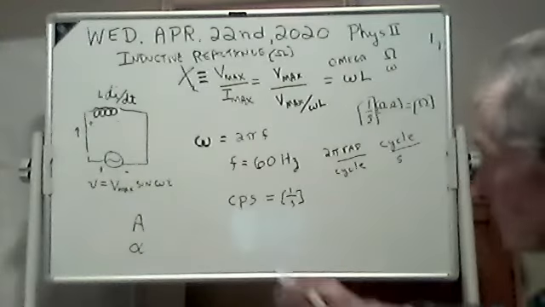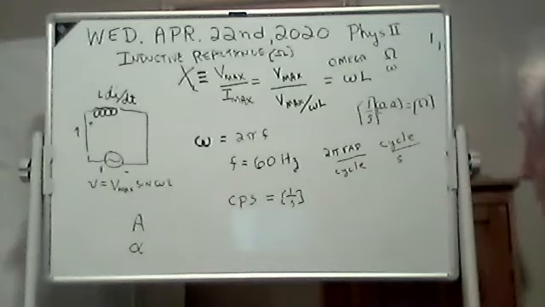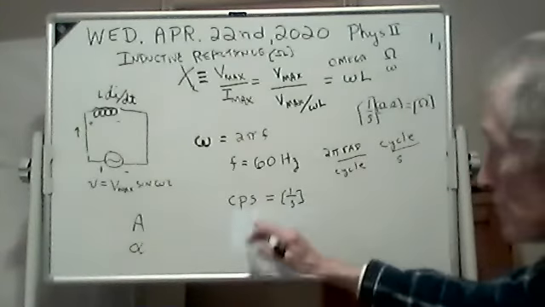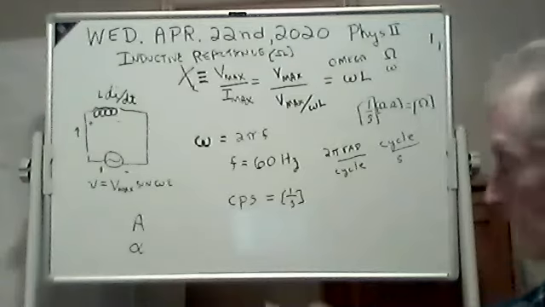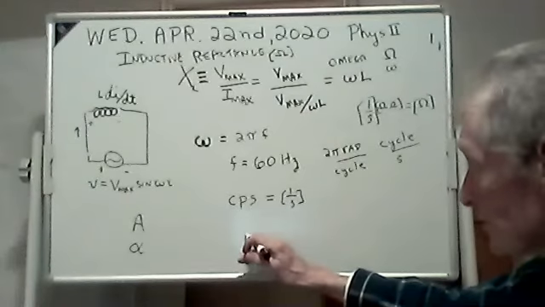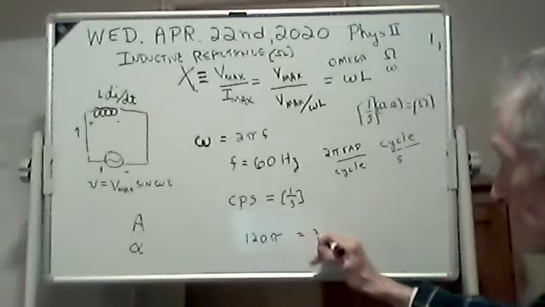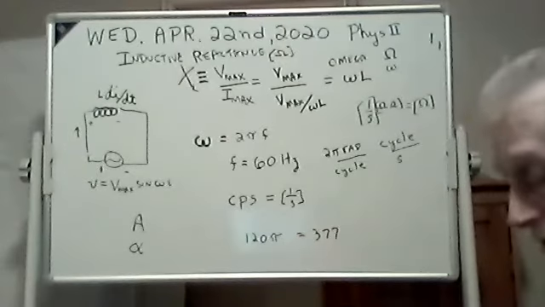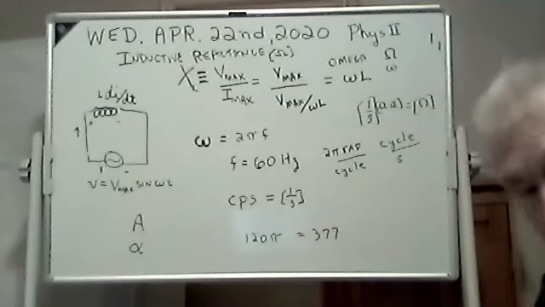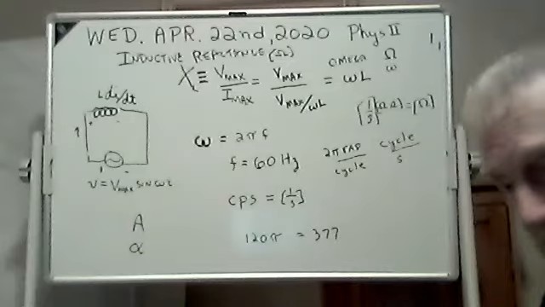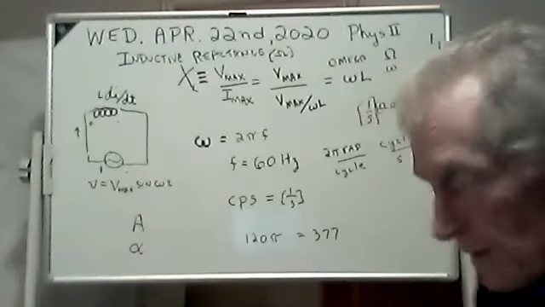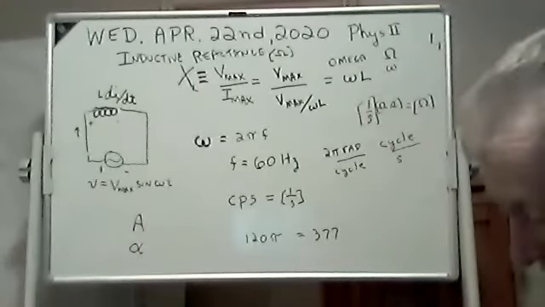Now in Europe, would it be 120? It'd be 120 pi. Absolutely. Which is, I think, if I remember right, about 377. Yeah, it's 377. Check it out. Make sure I'm not lying to you. 120 pi.